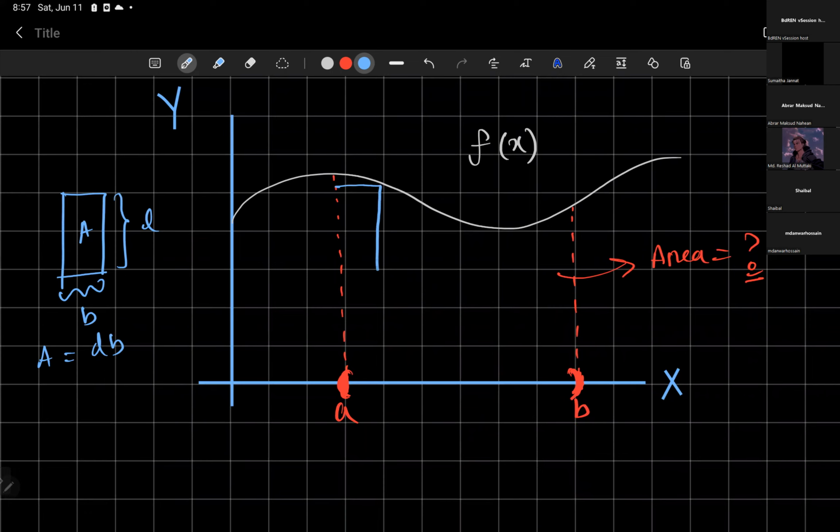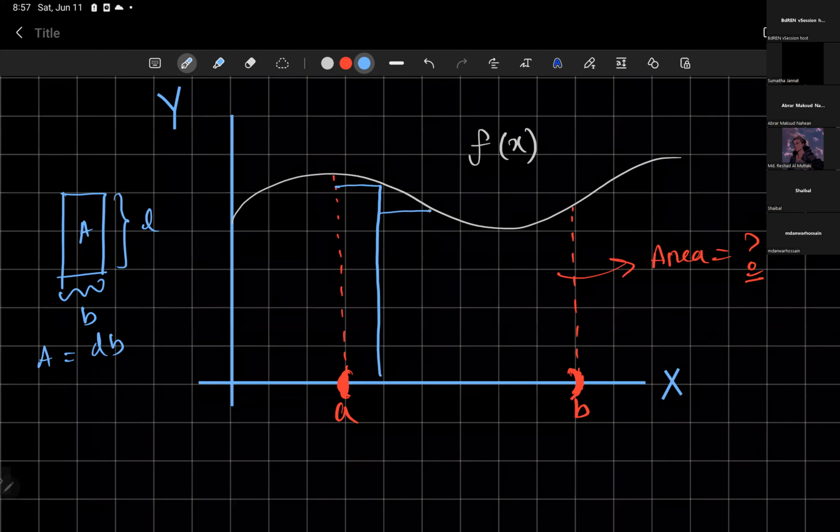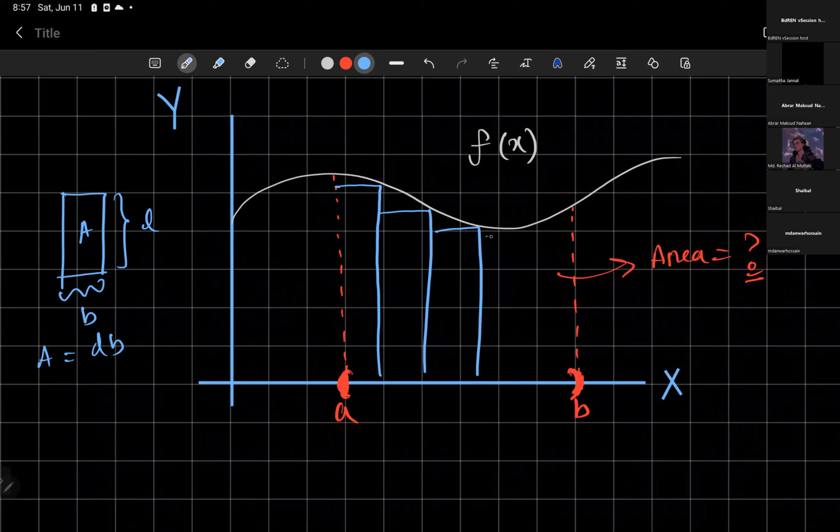You just imagine some rectangles like this, from the beginning to the end. Obviously these vertical bars will intersect the x-axis at certain points, let's say A1, A2, A3, A4, and so on.